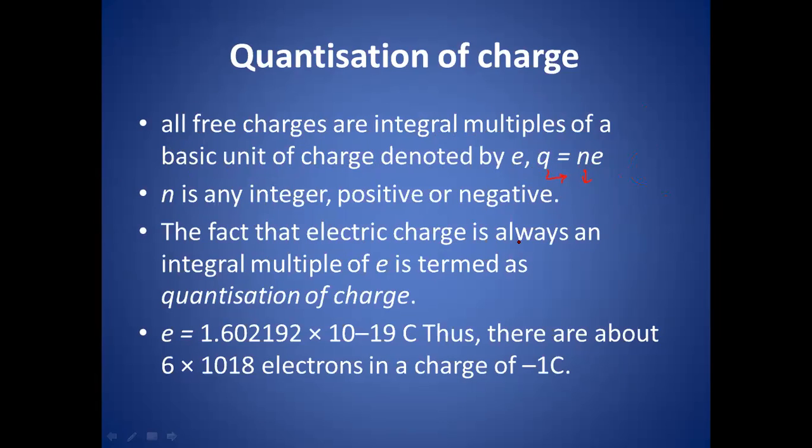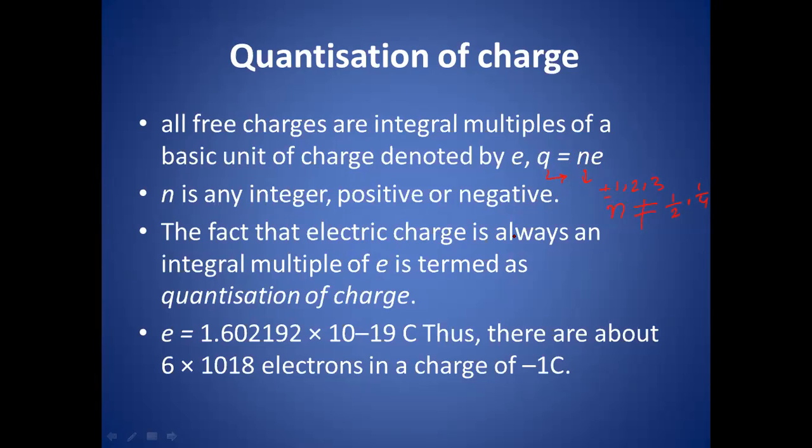This means n may be 1, 2, 3, plus or minus, but n will not be 1 by 2 or 1 by 4. It will only be an integer. So charge is quantized, meaning it is an integral multiple of e.